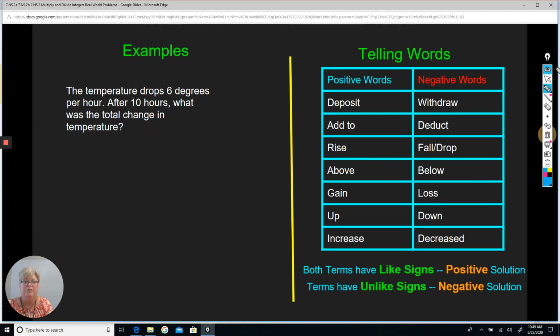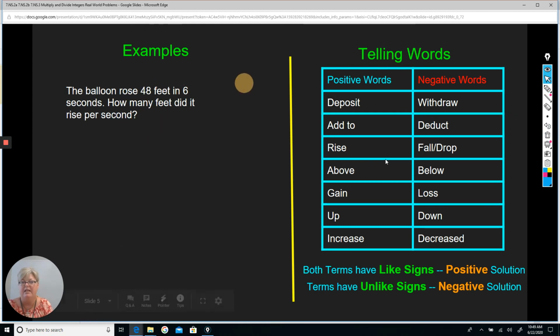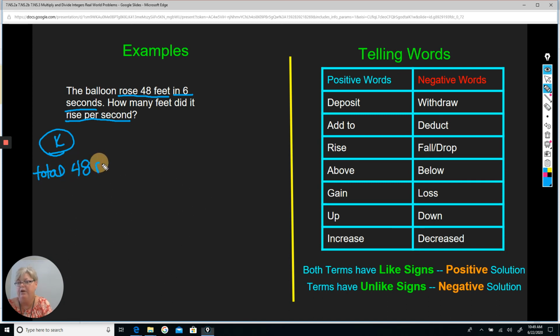Now, let's go on to the next problem, and this is the last one that we're going to talk about on this lesson. It says that a balloon rose 48 feet in 6 seconds. How many feet did it rise per second? So this is what I know. I know that there was a total of 48 feet that the balloon rose, and that's going to be a positive because it says it rose.